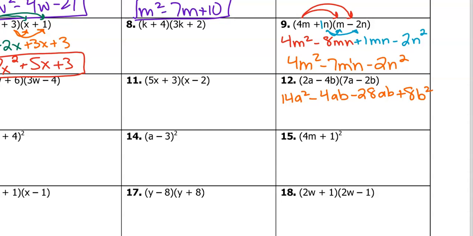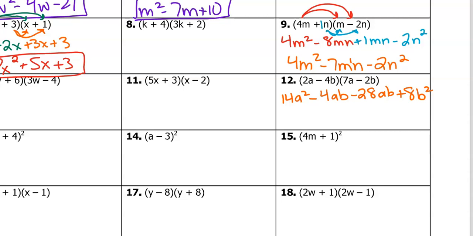A times a is a squared. 2 times -2 is -4. A times b is ab. -4 times 7 is -28. B times a, we write it as ab, alphabetical order. -4 times -2 is positive 8. B times b is b squared.